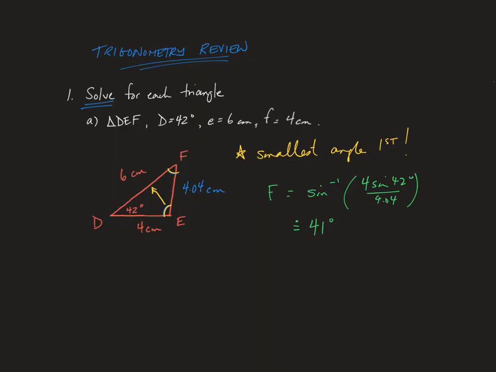And then I can use the sum of my angles adding up to 180 to determine whether that largest angle should have been acute or obtuse. In this case, I find out, oh wait a second, angle E is actually obtuse.